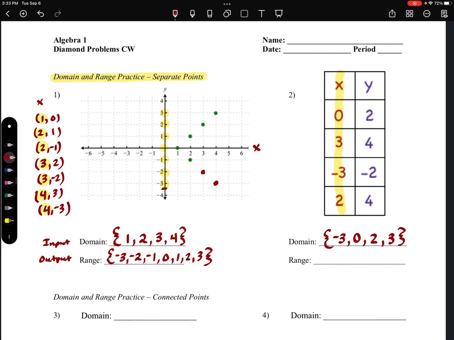For the range values, we're looking at all the possible y's, and that's where we're focused on these ones. Okay, so our smallest value is -2. And then we have a positive 2, and then we have 4 on there twice. We don't need to list it twice, we'll just list it once. And there we go.